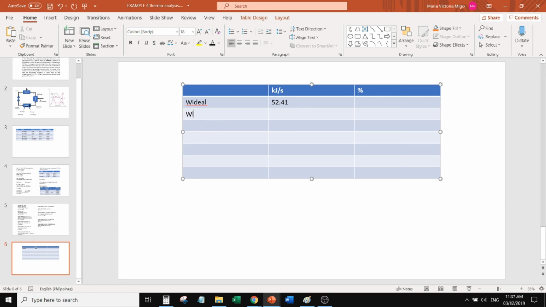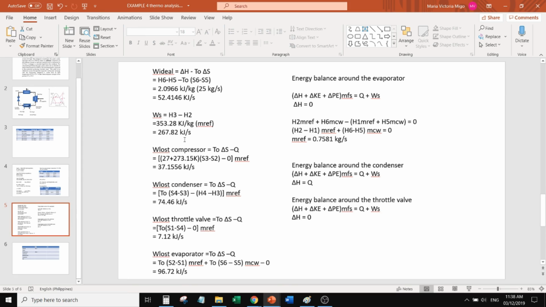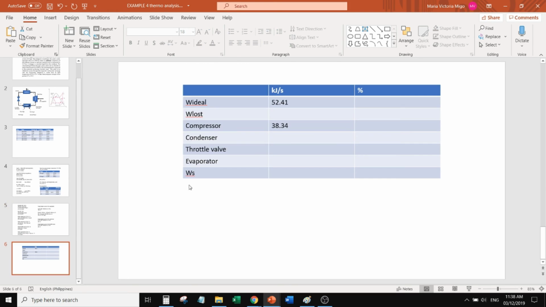Summation of work lost. So we have compressor, condenser, throttle valve, evaporator, work shaft. 38.34, compressor. Oops, mali. 37.16.